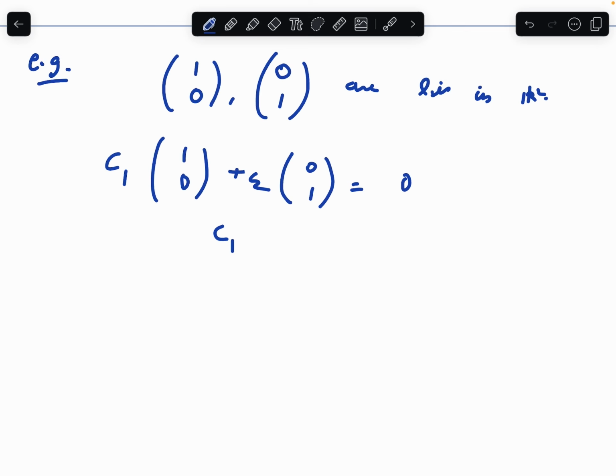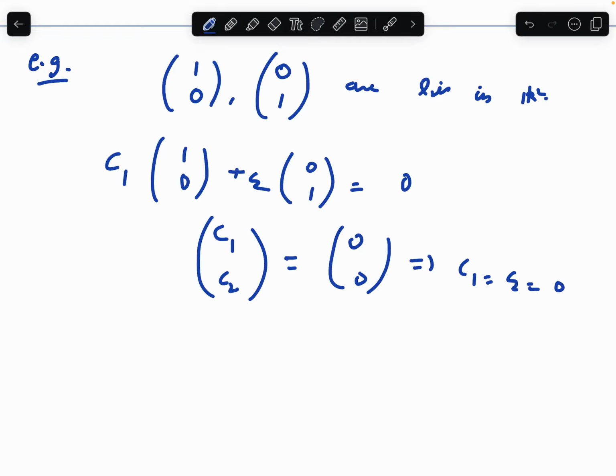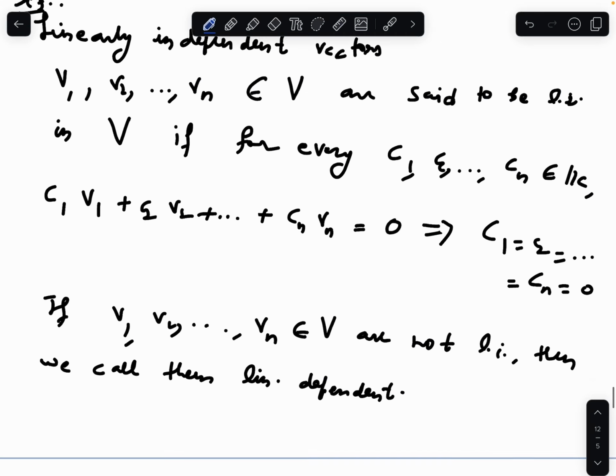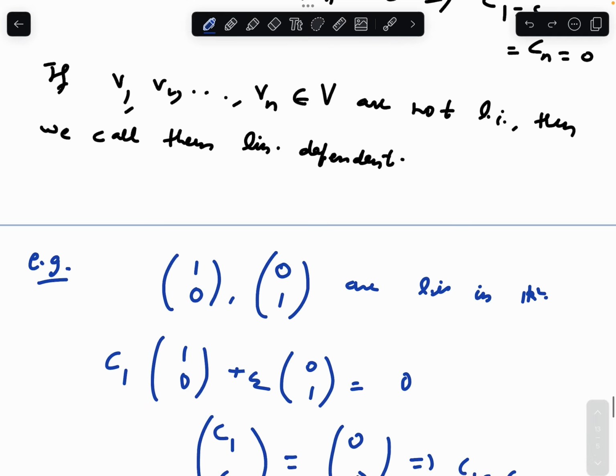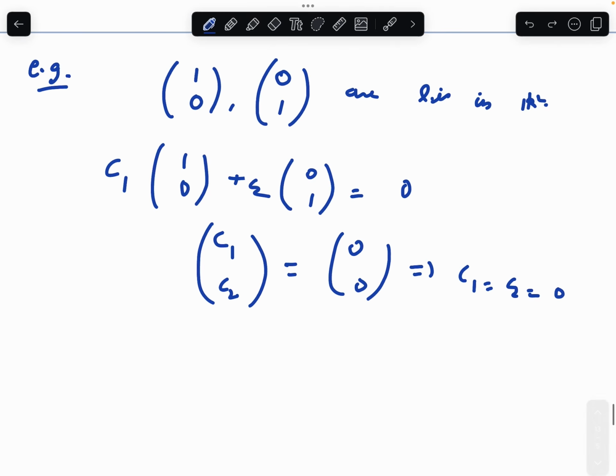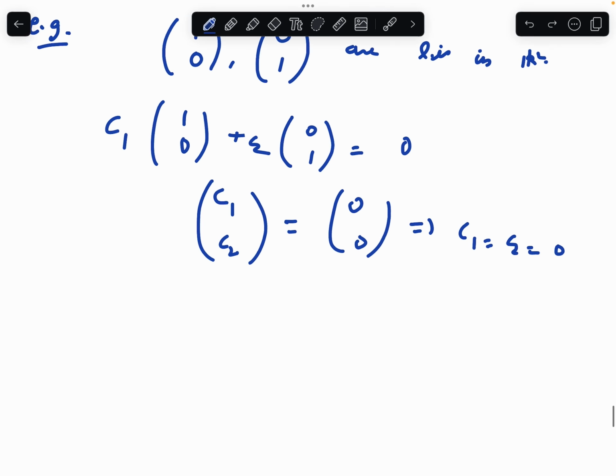The 0 on the right hand side is the 0 vector. So what we get is C1 equal to C2 equal to 0. So see, this condition is satisfied. Therefore, these are linearly independent in R2.